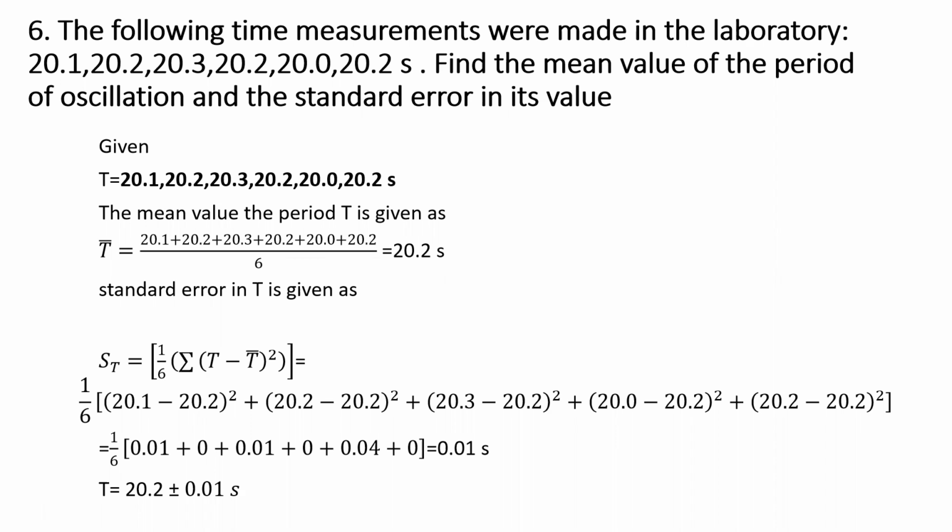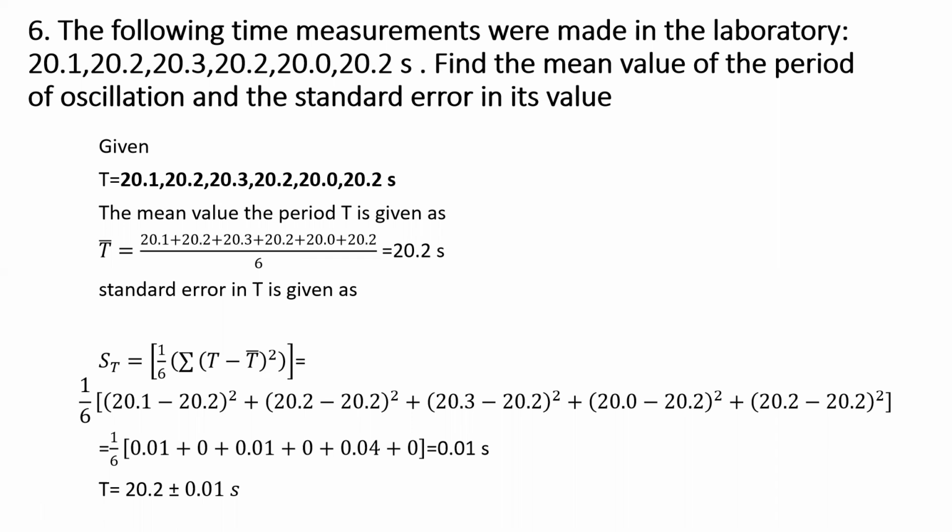20.1, 20.2, 20.3, 20.2, 20.0, 20.2 seconds. Find the mean value of the period of oscillation and the standard error in its value. First things first, you know how to calculate your mean. Your mean is simply the sum of the data given divided by the number of data in the work we're given.